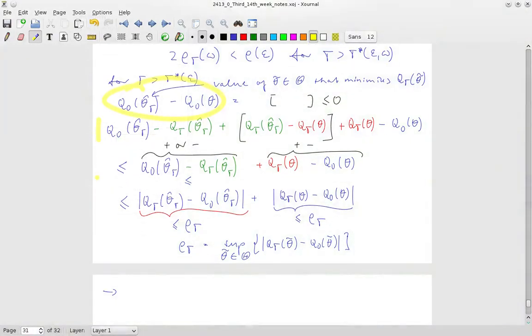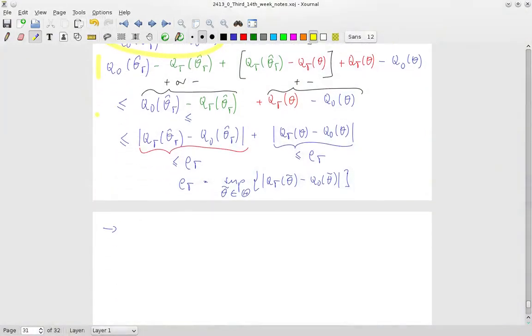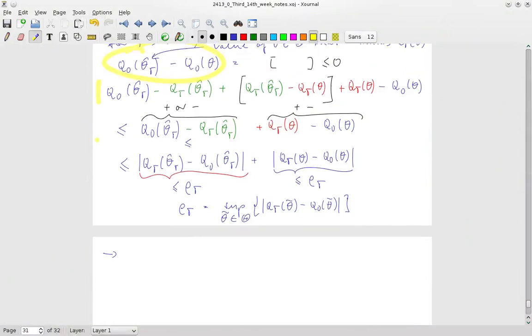So what we say is that Q naught evaluated at theta hat t, compared with Q naught evaluated at theta, is less than or equal to twice rho t.